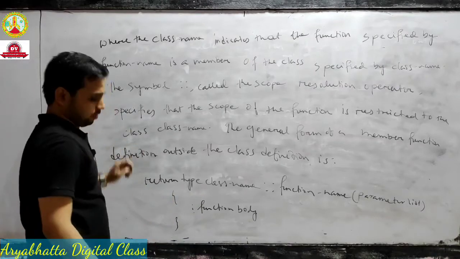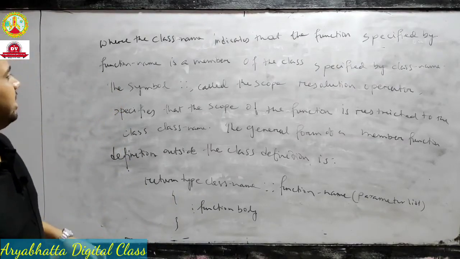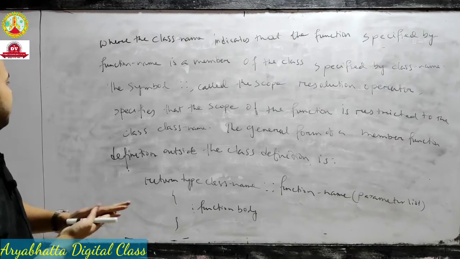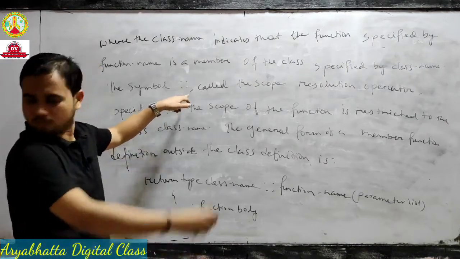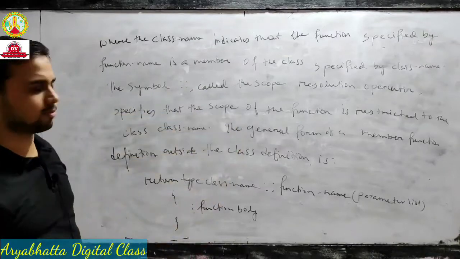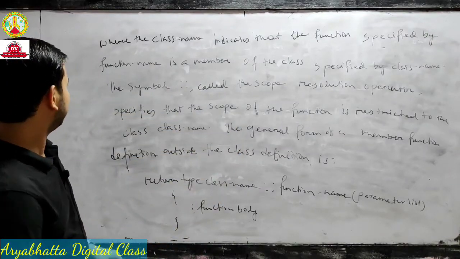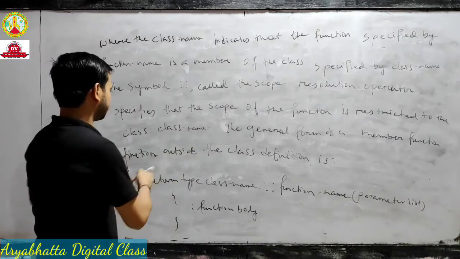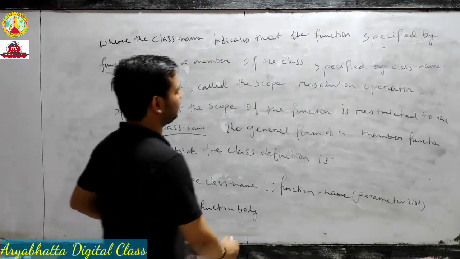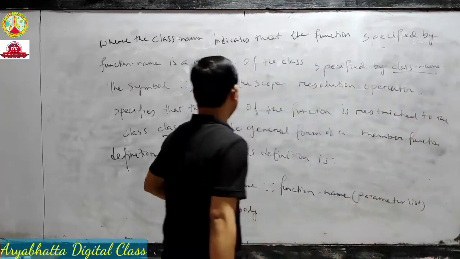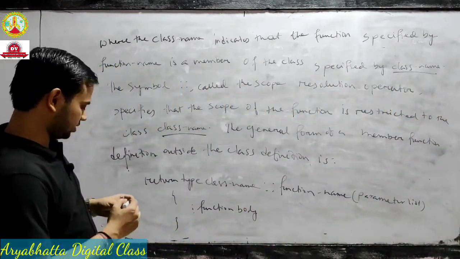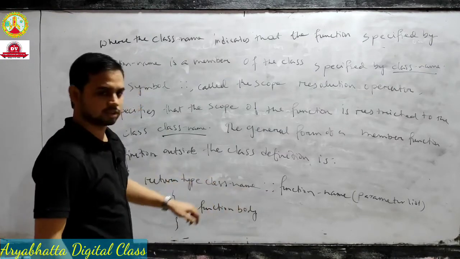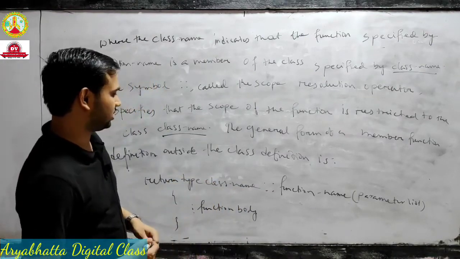Where the class name indicates that the function specified by function name is a member of the class, the symbol :: is called the scope resolution operator. It specifies that the scope of the function is restricted to the class name. Class name means user defined.